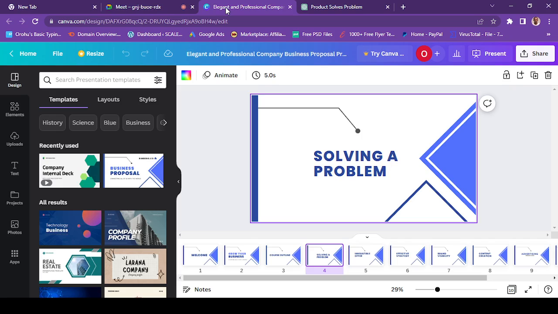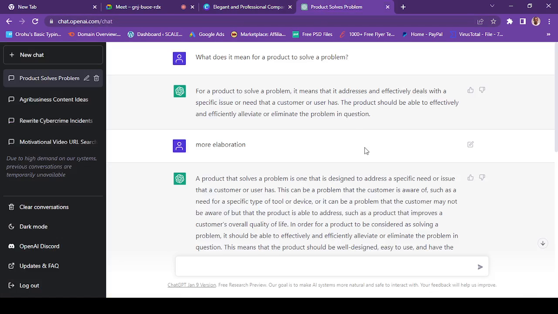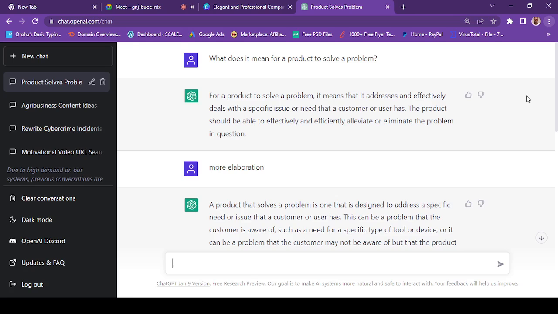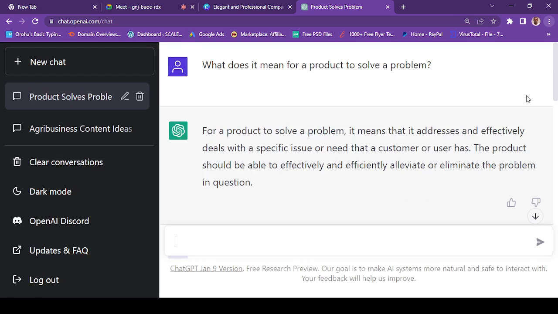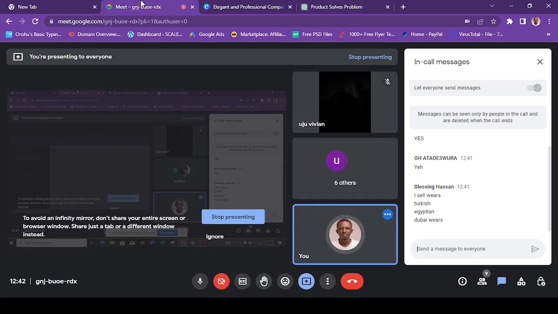If you take a look at this screen, the first statement here is: what does it mean for a product to solve a problem? I don't know if you can see it. If you can see it, type I can see it.